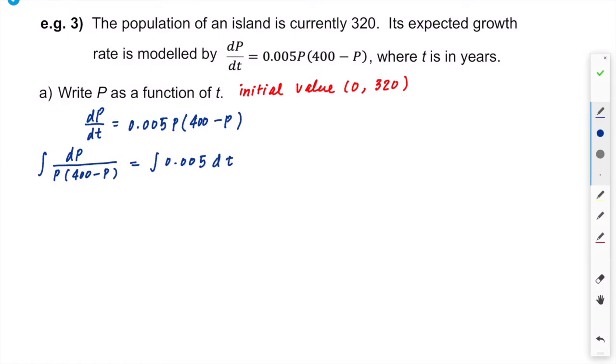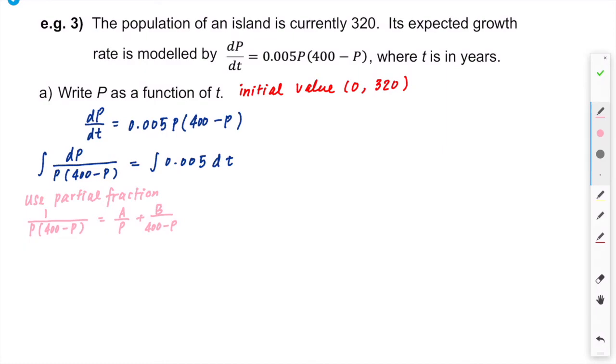So on the left side we have a reciprocal of a quadratic, so we can use partial fractions to solve this equation. I'm going to rewrite 1 over P times 400 minus P as A over P plus B over 400 minus P. So now I have to find A and B.